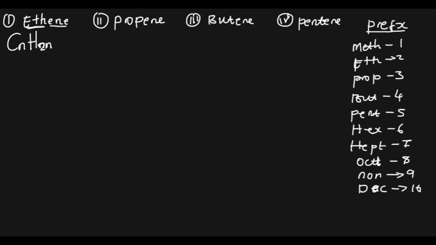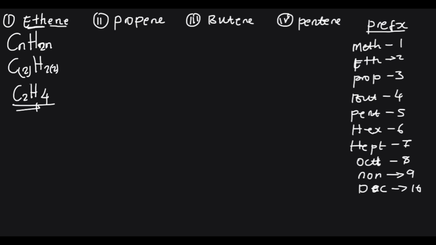Then ene indicates that this molecule is coming from the family of alkenes. Now for Eth, we have 2 carbons, so where there is n, we put 2. So C times 2, we have C2. Then 2 times 2, we have 4. So the molecular formula for ethene is C2H4.